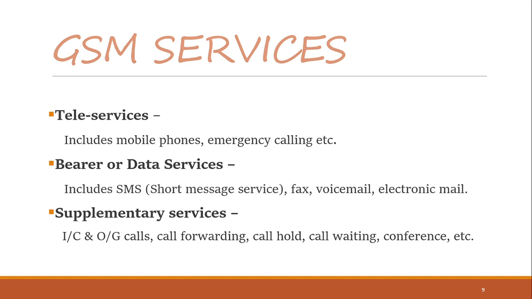Short message services, fax, voicemail, and electronic mail come under this service. The next one is supplementary services: incoming calls, outgoing calls, call forwarding, call on hold, call waiting, and conference, etc. And all the other call related services come under this service.